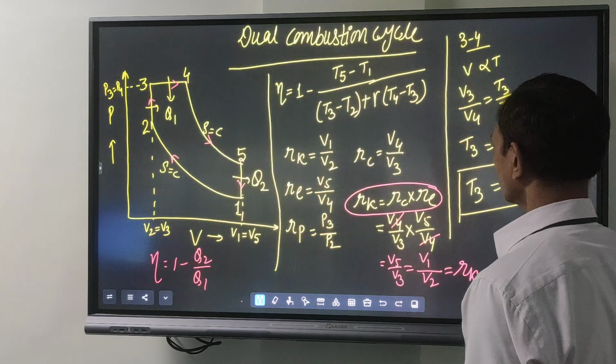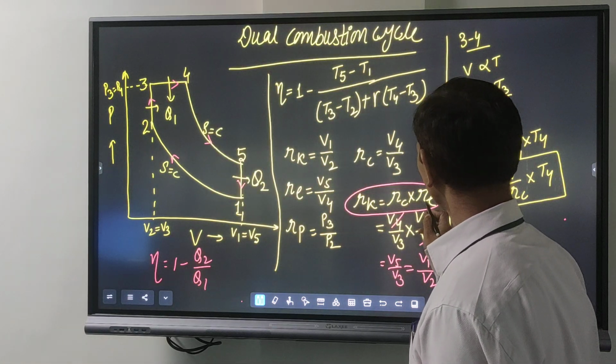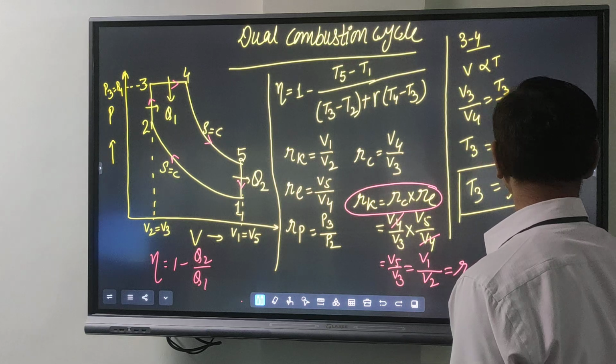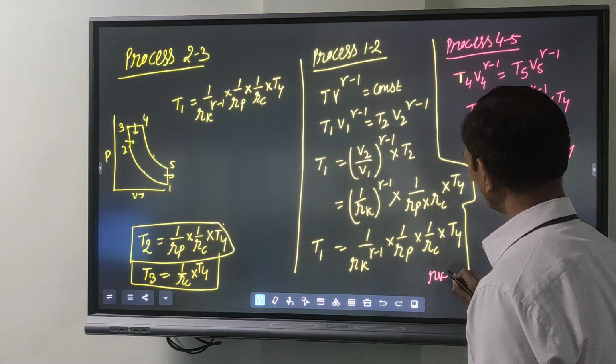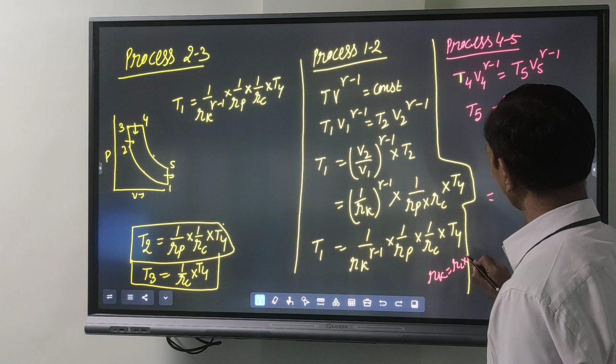So here we can relate Rk is equal to Rc into Re. Here compression ratio is equal to cutoff ratio into Re.